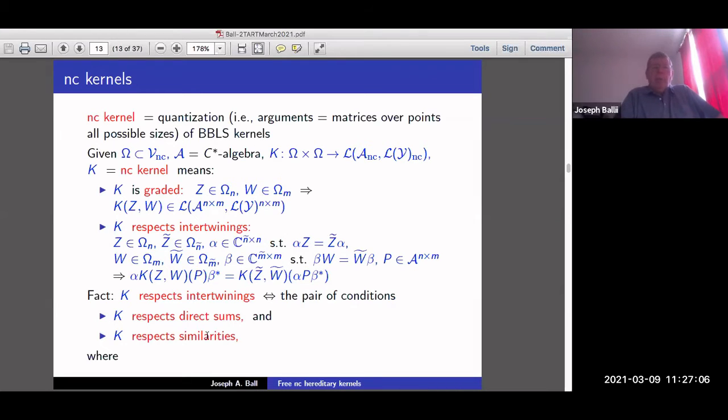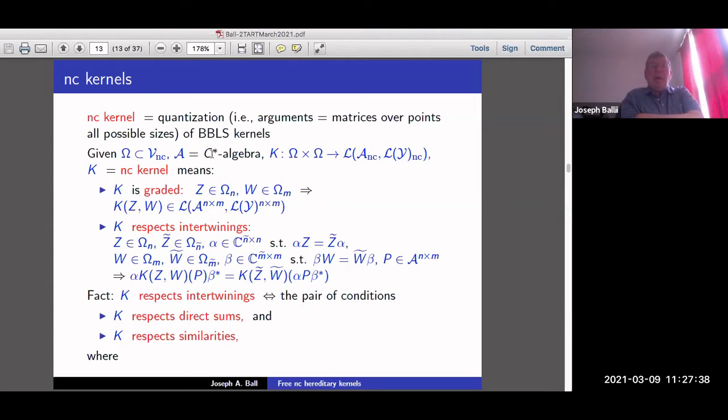Then we want to move from functions to kernels. So a kernel, we've seen, is just a function of two arguments. So that suggests what a non-commutative kernel should be. So again, we have a point set contained in the non-commutization of a vector space.